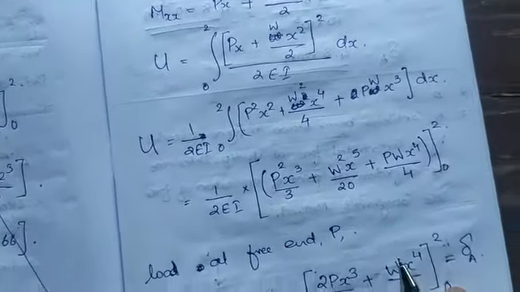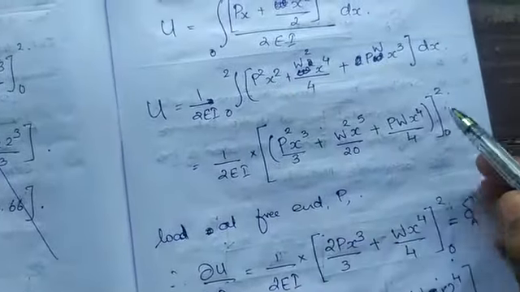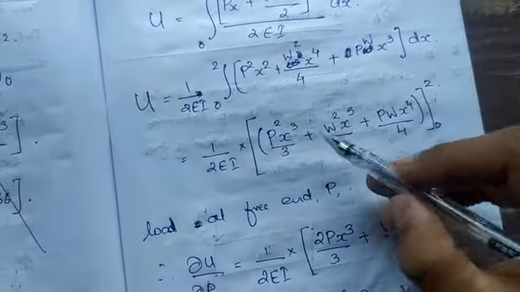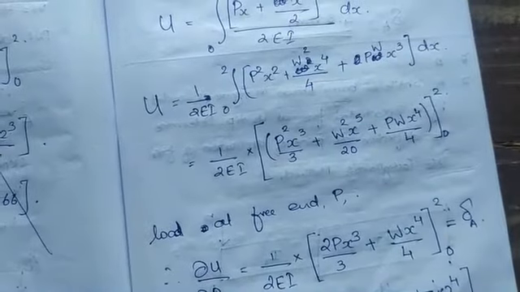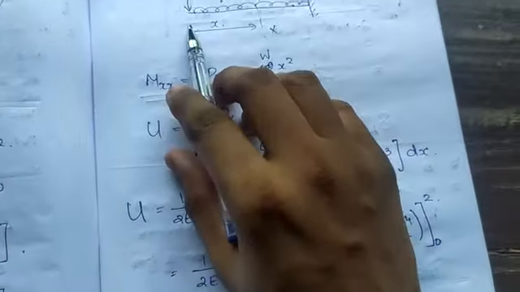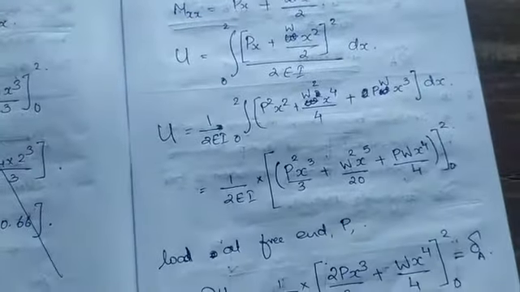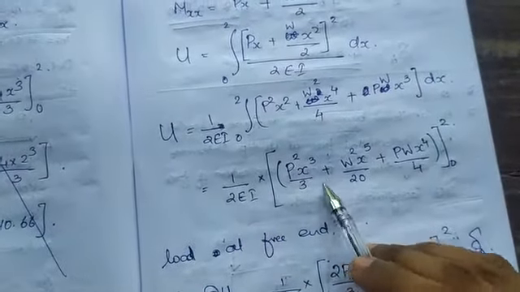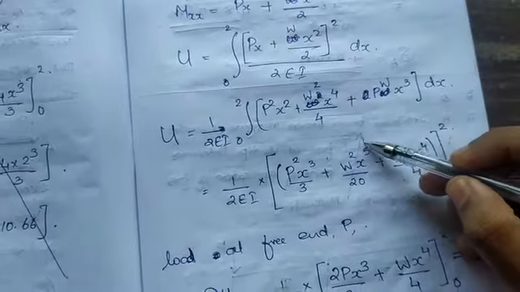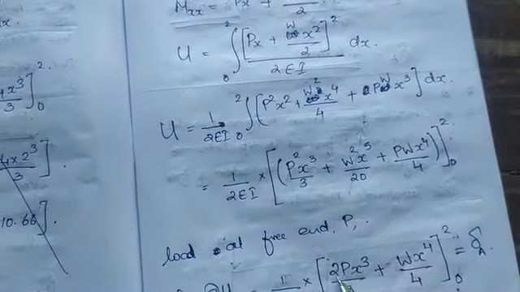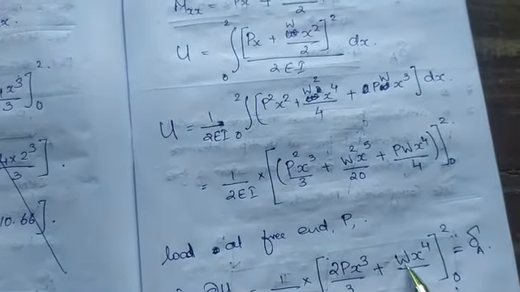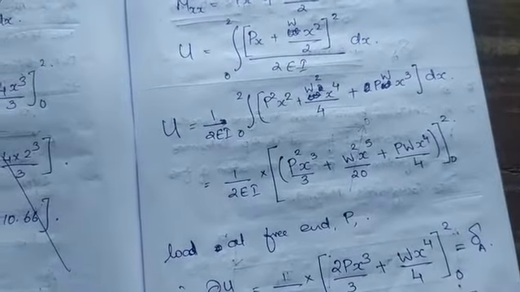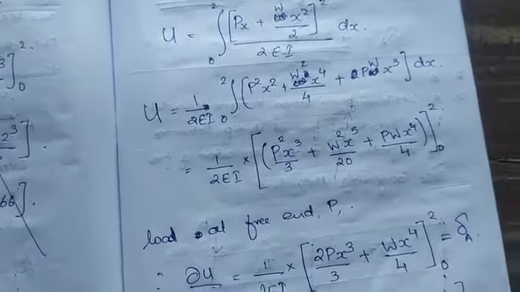Now, before applying the limits, the load at free end is P. So dou U by dou P becomes 1 by 2EI into, differentiating this term, 2P x cube by 3 plus W x power 4 by 4, from 0 to 2, equal to delta A.